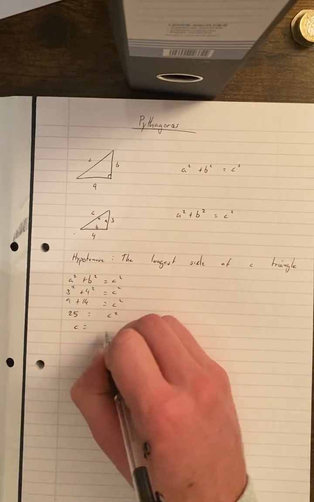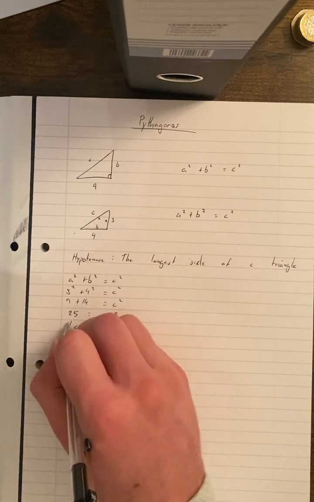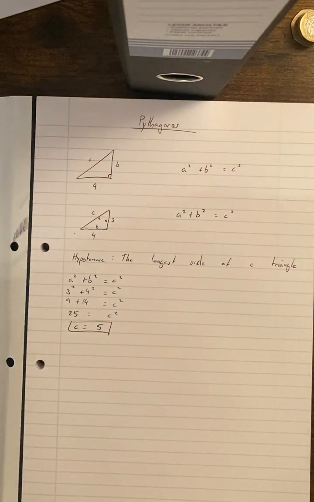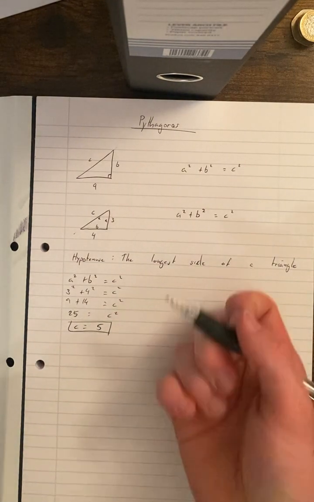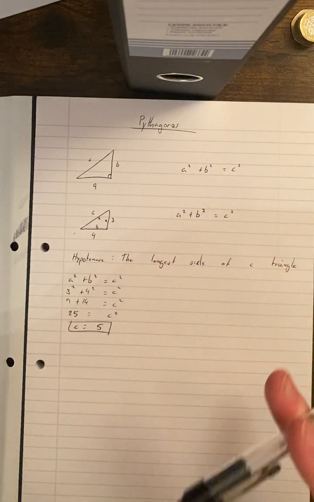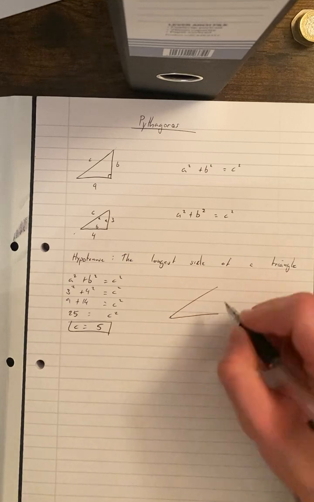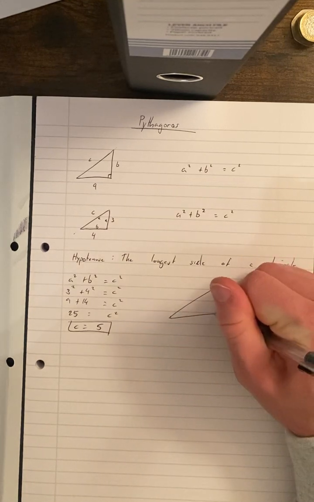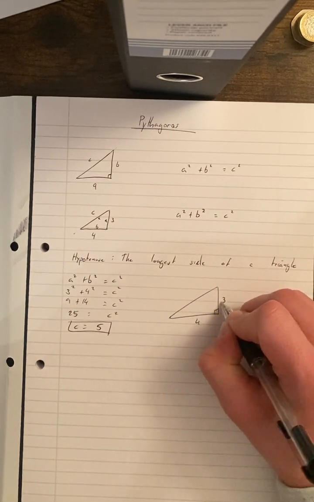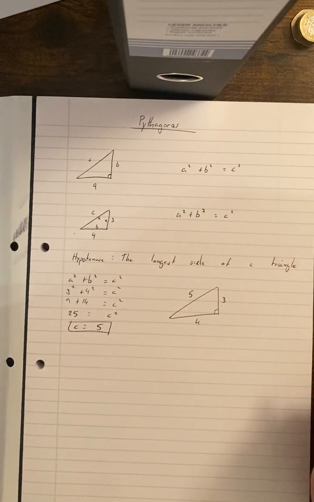So c is equal to 5. Just like that. This is a pretty famous Pythagorean triple called a 3, 4, 5 triangle. So that is a 3, 4, 5 triangle.